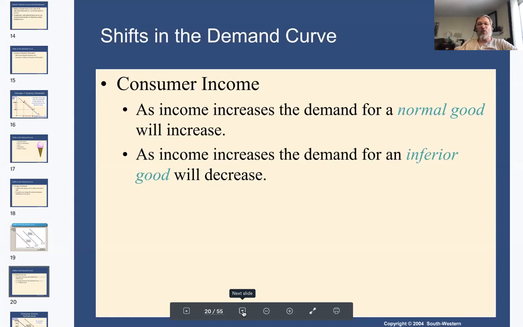For a normal good, as the consumer's income increases, they tend to buy more of that good. So that would be a rightward shift or an increase in demand. But there are some goods that are what we call inferior goods. And for inferior goods, when the consumer's income increases, it actually causes a decrease in the demand for an inferior good.